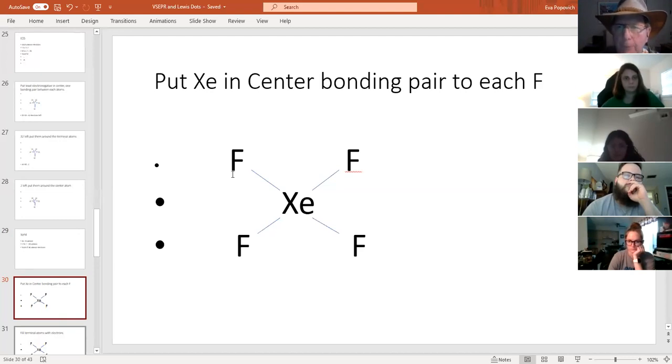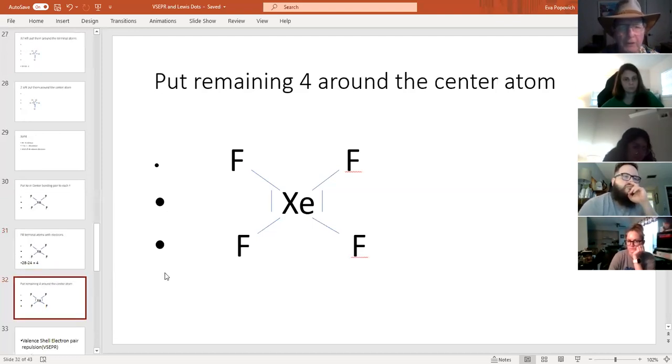I've used up 24 electrons putting them around the terminals. I had 28 left. I just used 24. How many electrons do I have left? 4. And those 4 are going to go around the center atom. So in this case, my xenon has 12 electrons around it.